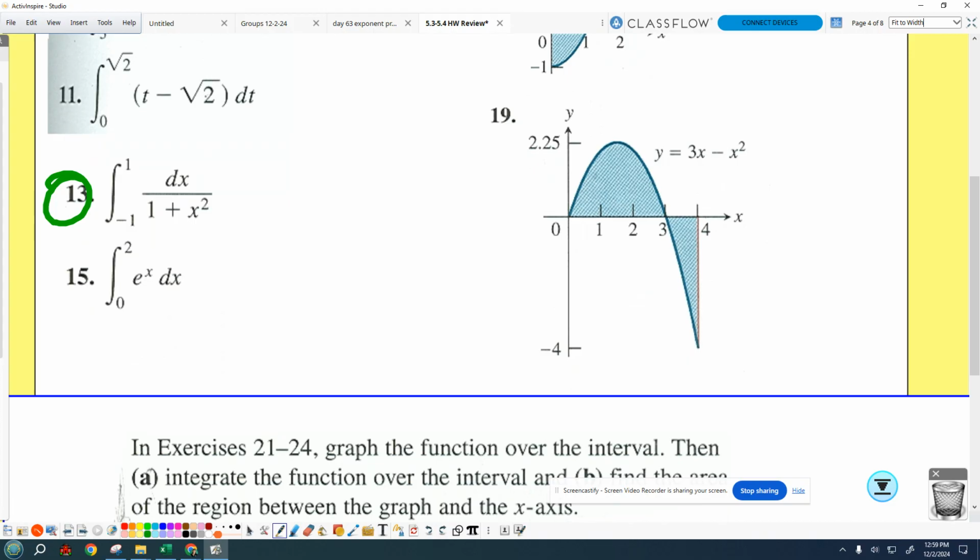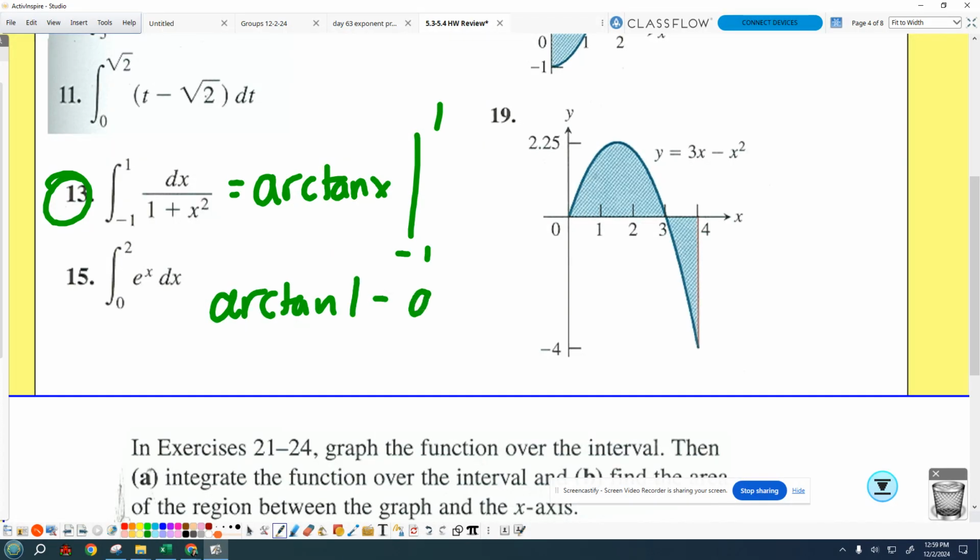Arctan, inverse tan, however you want to say it. We will do this one a lot because AP is obsessed and they will try to hide it.